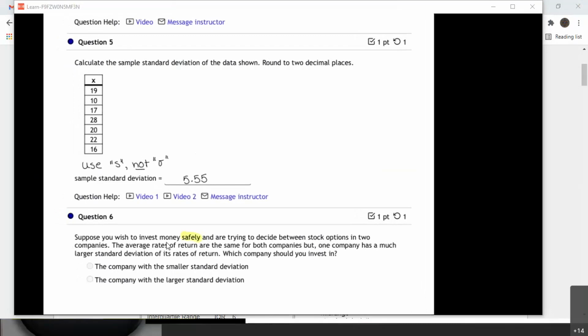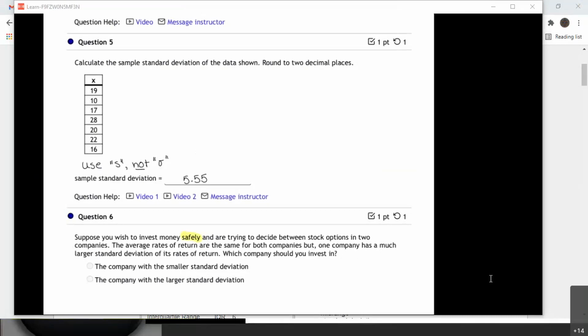So suppose you wish to invest money safely and are trying to decide between stock options in 2 companies. The average rates of return are the same for both companies, but one company has a much larger standard deviation of its rates of returns. Which company should you invest in if you want to invest safely?